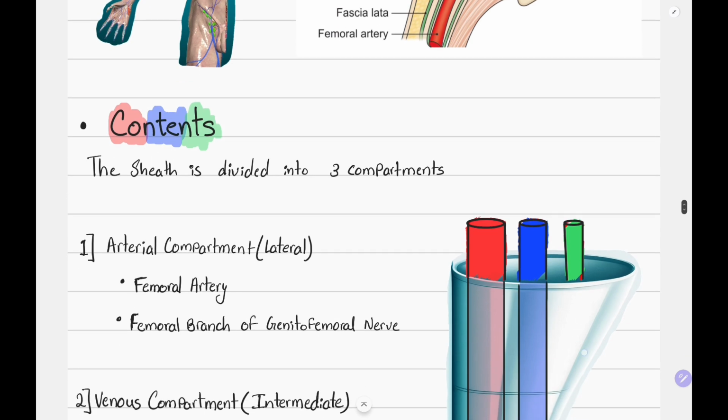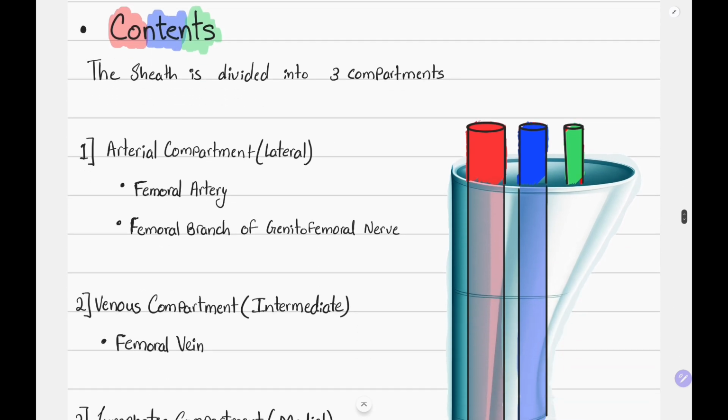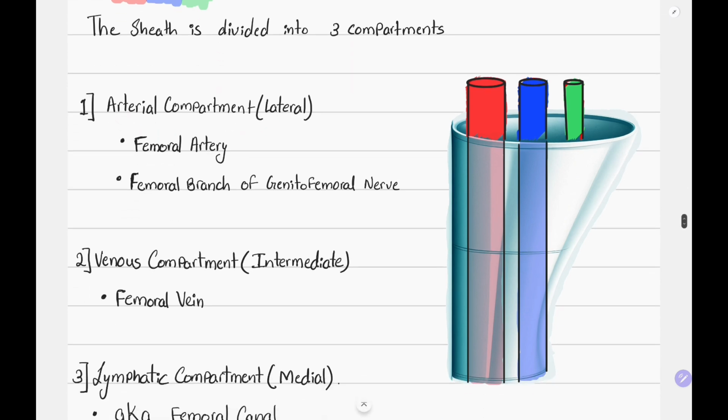What are the contents of the femoral sheath? As I've already told you, this is only an imaginary depiction showing you the femoral sheath. The sheath is divided into three compartments: the arterial compartment, the venous compartment and the lymphatic compartment, out of which the arterial compartment is the lateral most.